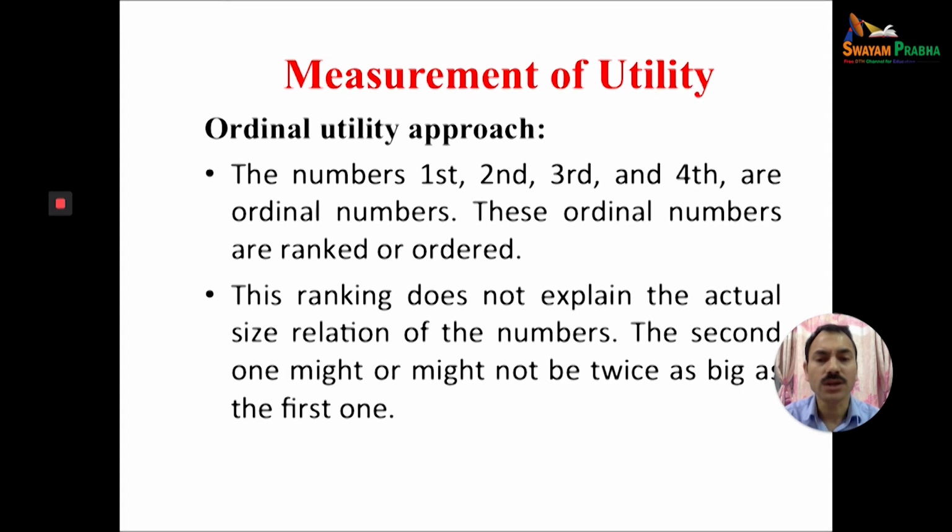The second one might or might not be twice as big as the first one. Whereas in the case of cardinal measurement, when we talk about 2, it means 2 is twice 1. But here, the second one might or might not be twice as big as the first one.